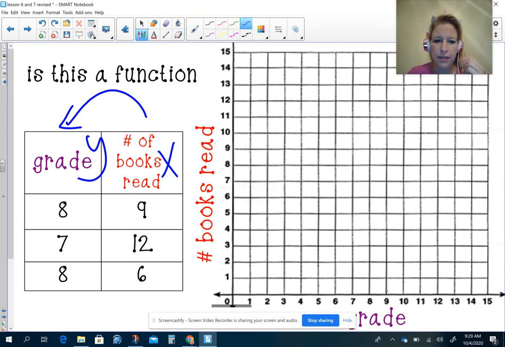So 9 to 8, I'm also going to have 6 to 8 and 7 to 12. Okay, look at how different this looks. This is the difference between a function and a non-function.